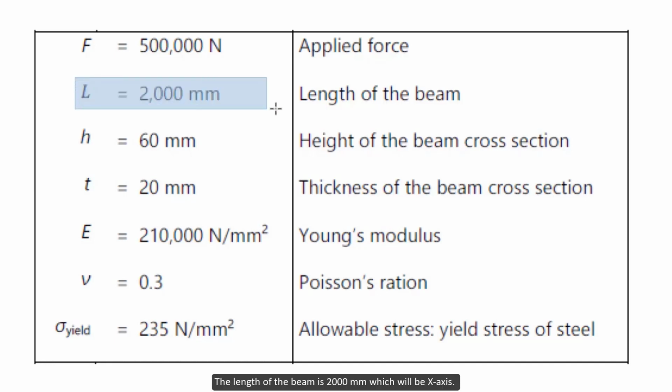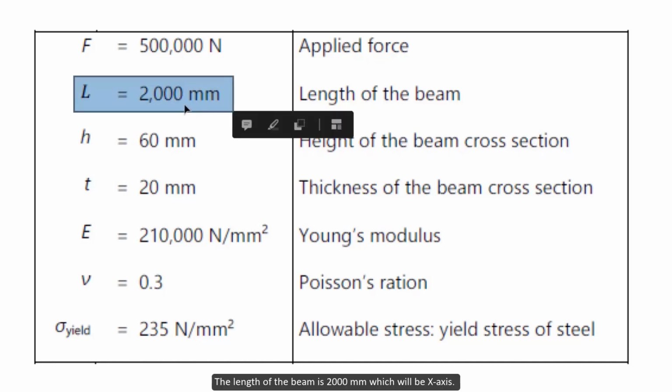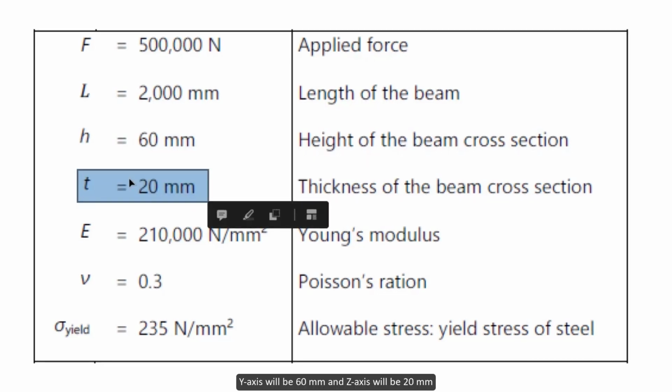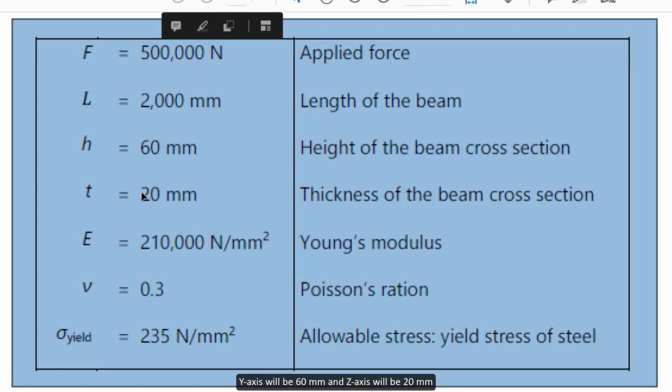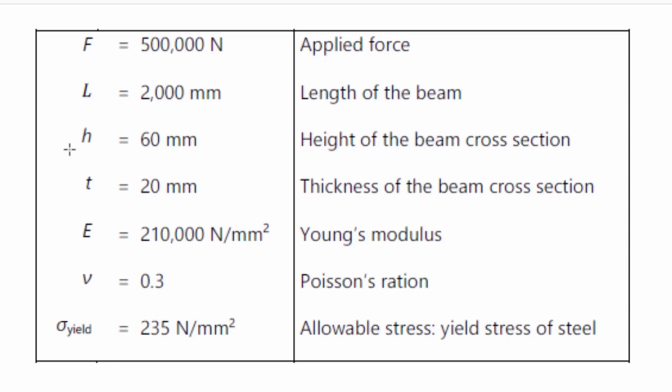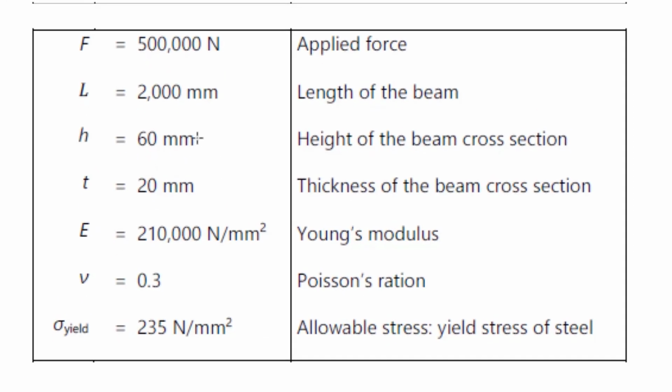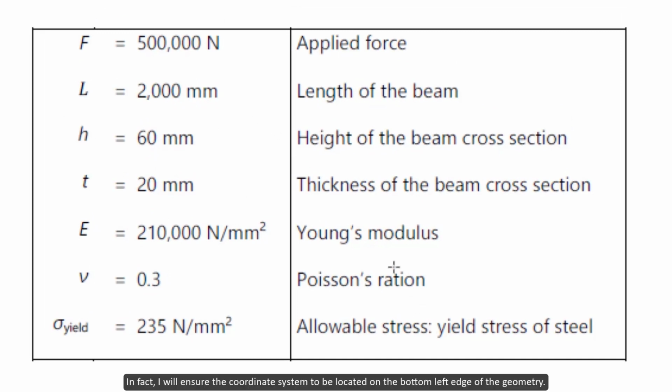The length of the beam is 2 meters, which will be the x-axis. Y-axis will be 60 millimeter and z-axis will be 20 millimeter. You can change the axis. I will use these axes. In fact, I will ensure the coordinate system is located on the bottom left edge of the geometry.